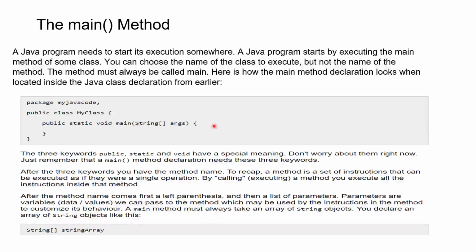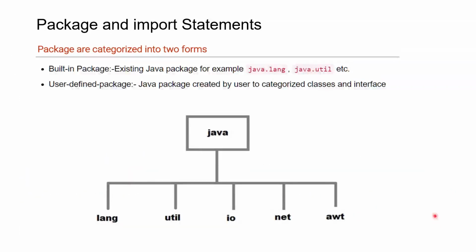However, we must always pass string objects or string arrays to the main method. That is a rule. Like I said, it can be customized, but the main method only accepts string objects or similar string arrays. So exactly similar to C, C++, and many other programming languages, reuse is a big part of programming.